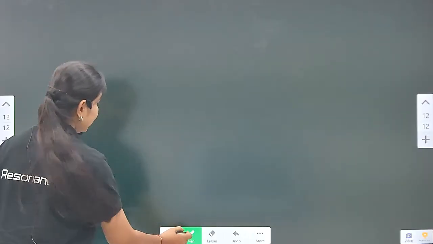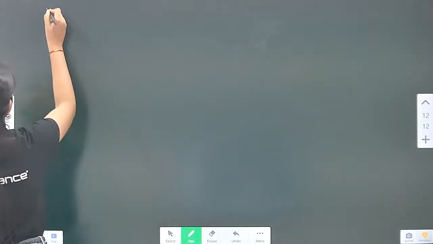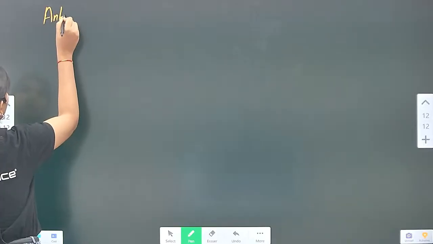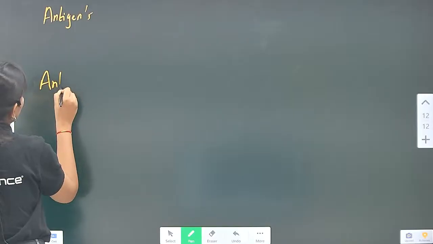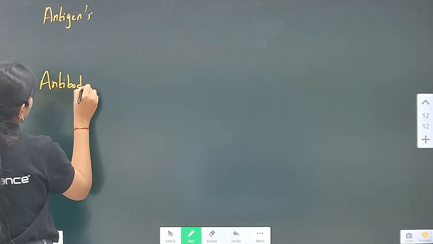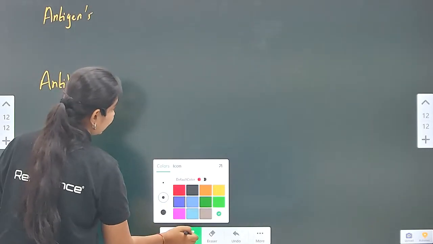Antigens are present on the cell surfaces. What exactly are the antigens? You can write the antigen, and we have the antibody. Now what are antigens, students?